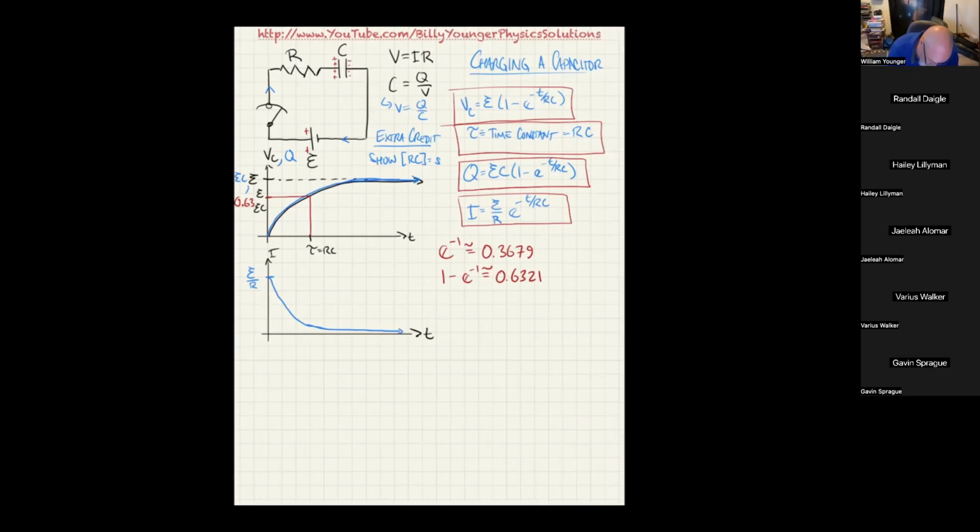And again, what we're going to have here is a time constant, tau equals RC. And in this case, it's going to be 0.36, let's call it 37, E over R. Any questions on that?